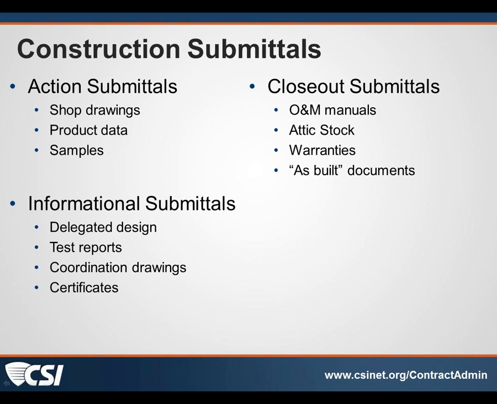They come to us as information that may be drawings that actually end up being used in the shop in the manufacturing process of whatever the product is. It may be product data so that we can compare what our specifications requested against what the product is currently.